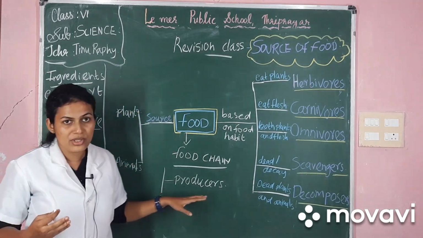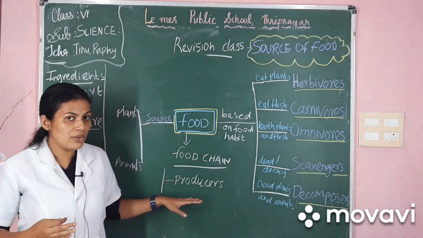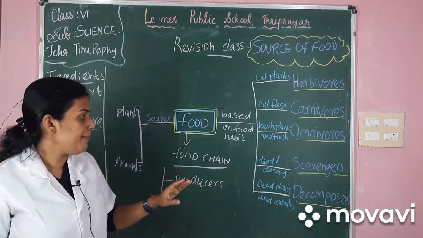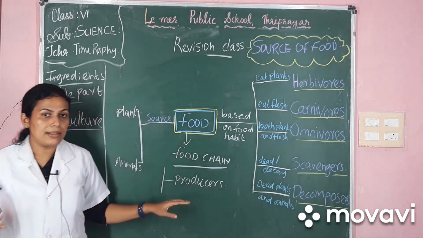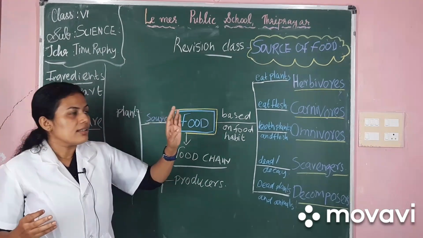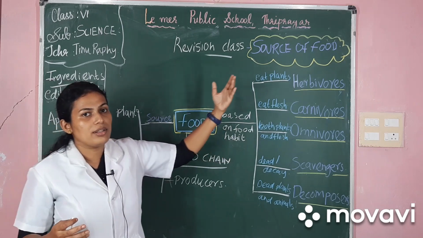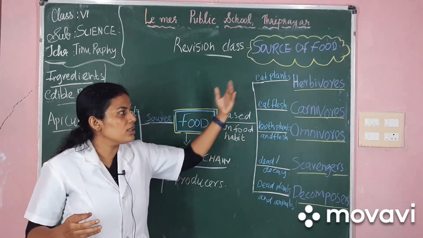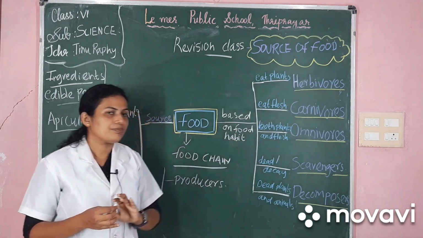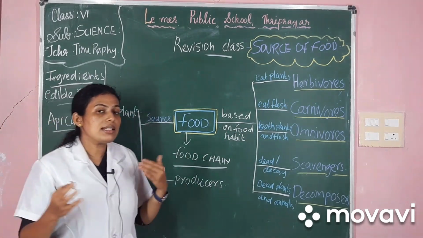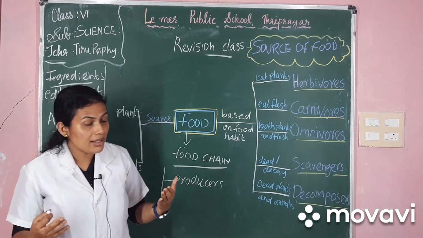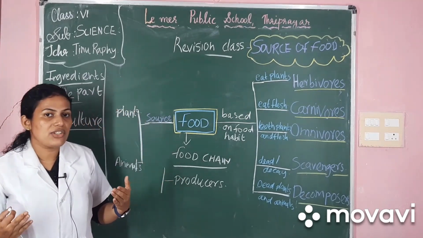The green plants are producers, and herbivores like deer, rabbit, etc. feed on these green plants, and carnivores feed on the herbivores, and omnivores feed on both herbivores and carnivores.